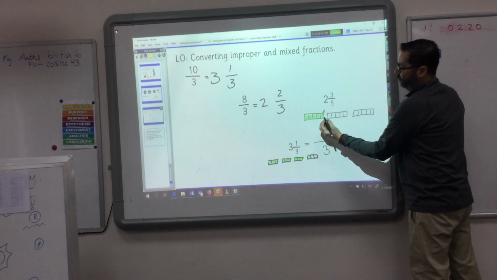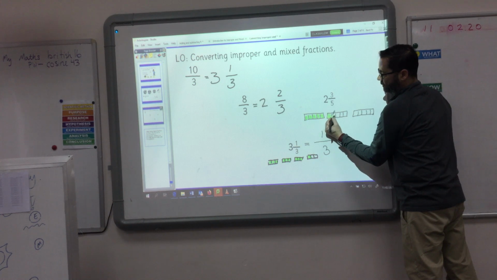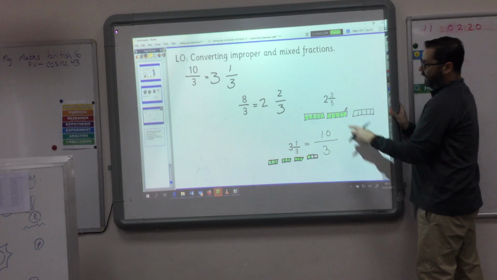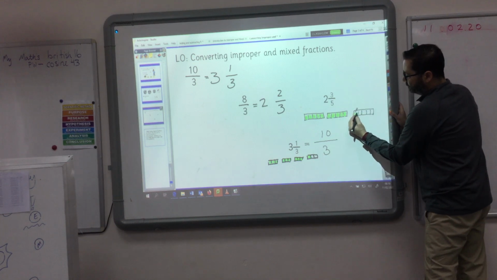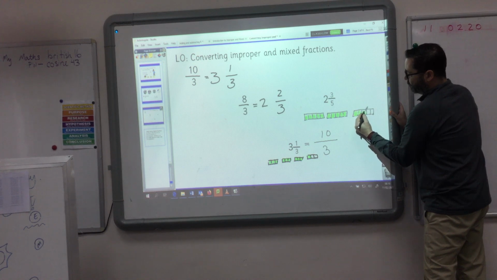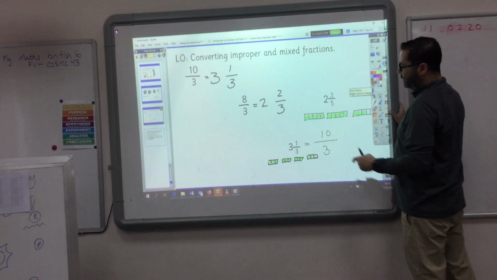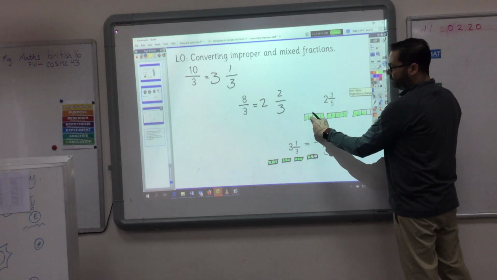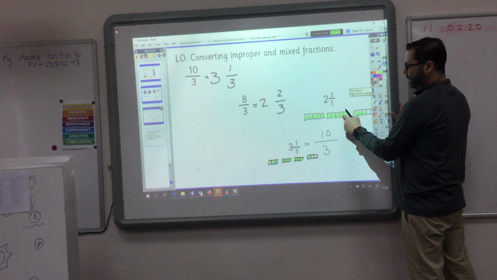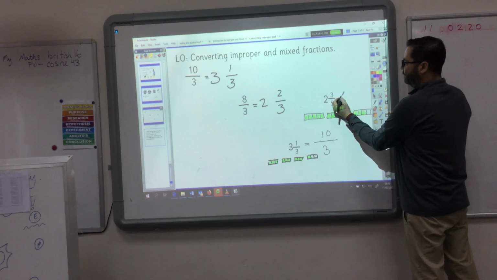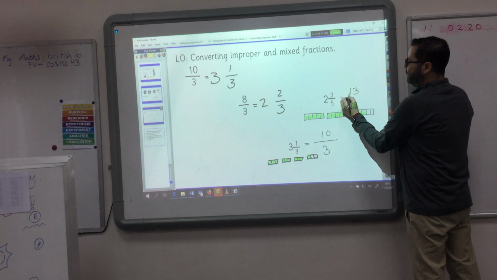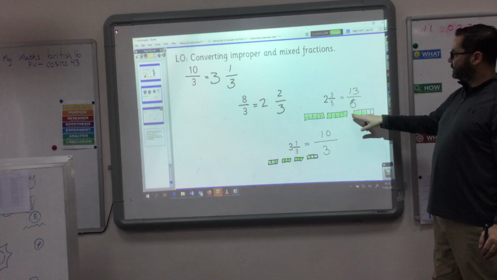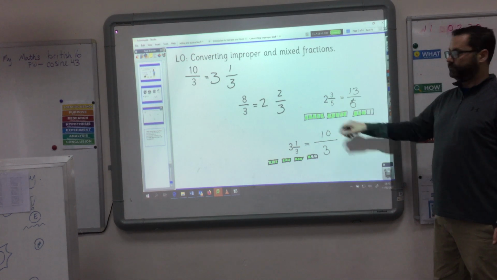We have a second whole set of 5. And we have 3 left over. So I know that 2 and 3/5 is the same as 1, 2, 3, 4, 5, 6, 7, 8, 9, 10, 11, 12, 13 over 5. Because each of our wholes is separated into 5 equal parts.